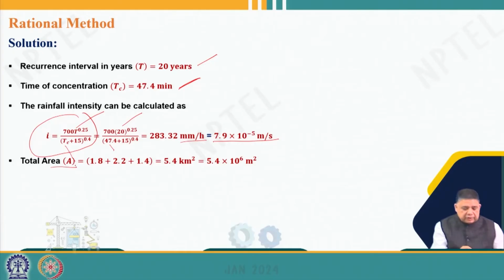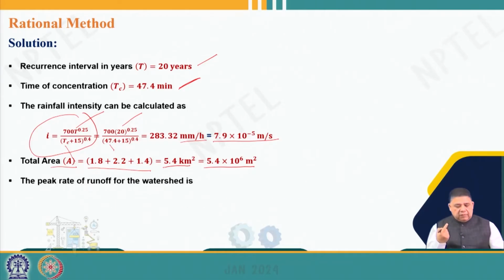The total area of the watershed is the sum of land uses in three categories, which comes out to be 5.4 square kilometers or 5.4 into 10 to the power 6 square meters. So, now we know C, we know I, we know A. That means we can put the values in the rational formula, QP equals CIA. C we calculated earlier as 0.22, and the I and A values are already in front of us.